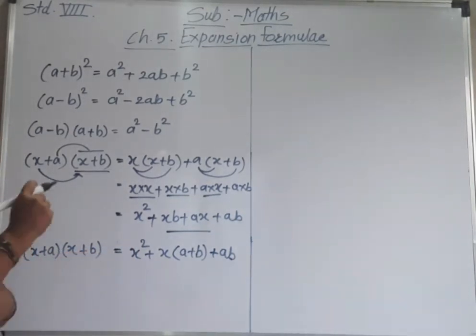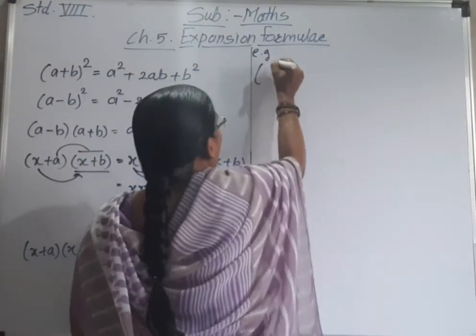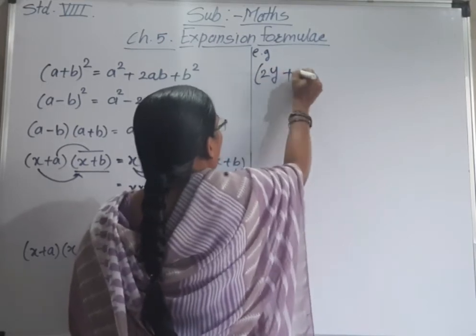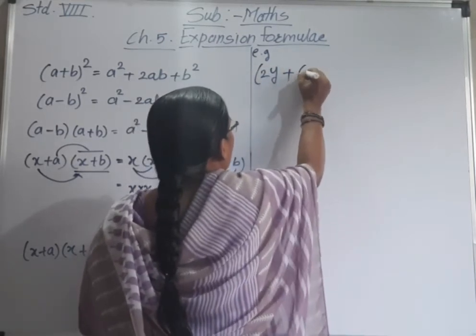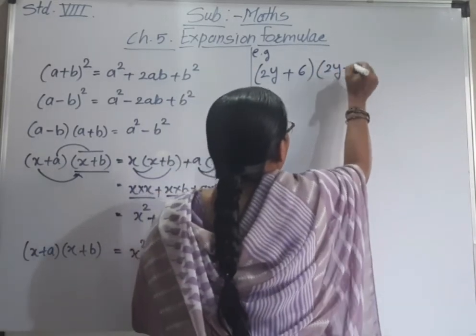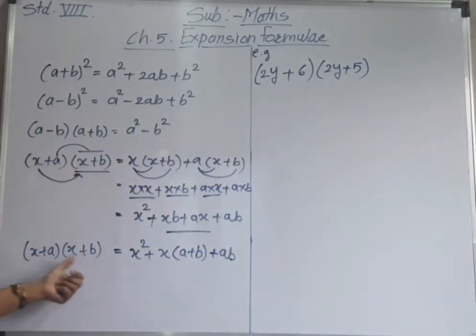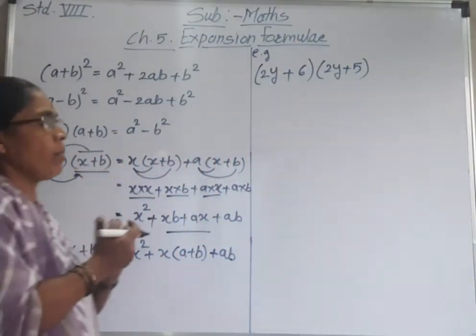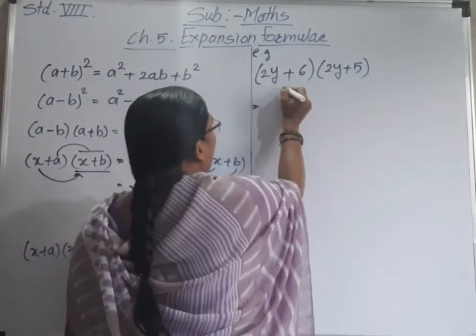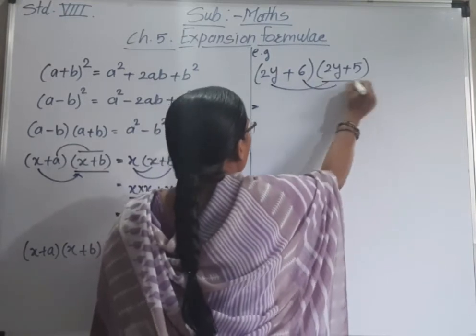Now I am taking one example. Suppose (2y plus 6)(2y plus 5). Now the second term is different; instead of a and b I have taken numbers. So it is equal to 2y into the bracket and again 6 into the whole bracket.